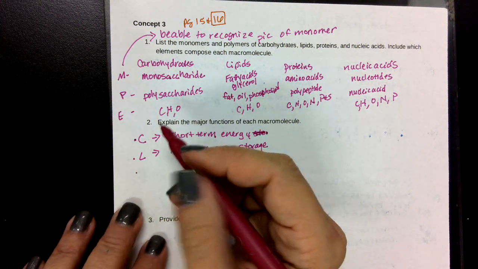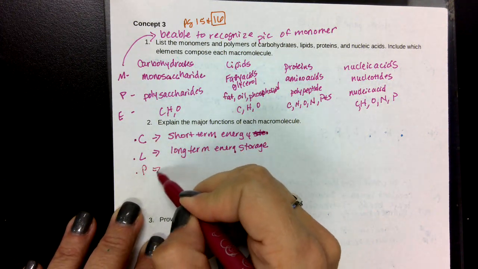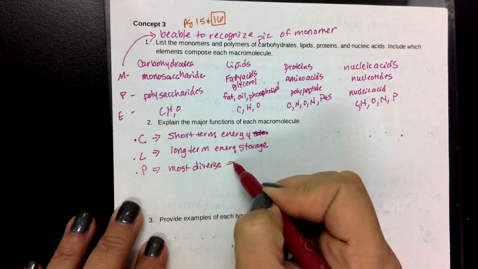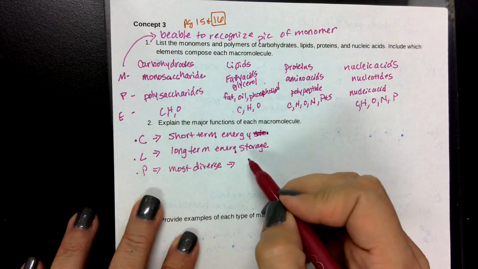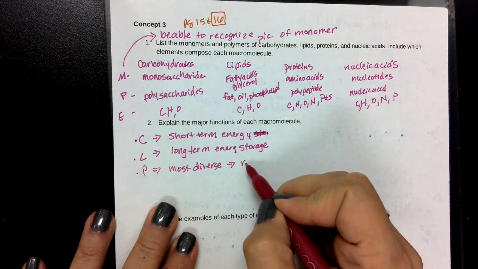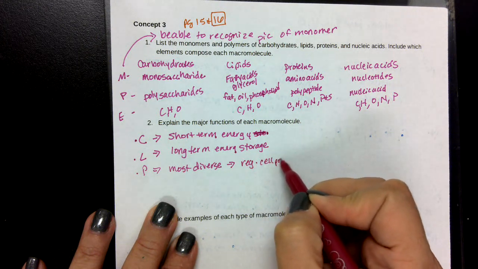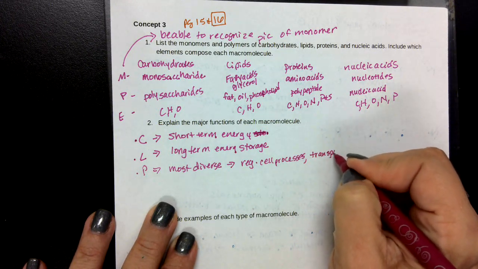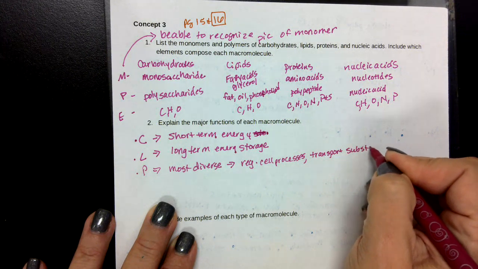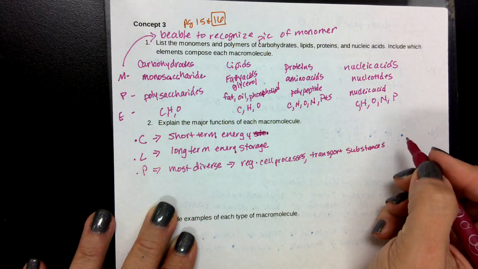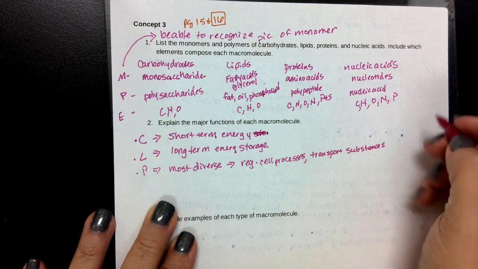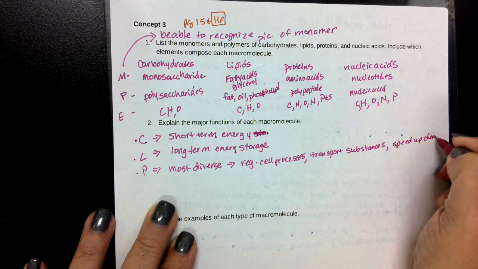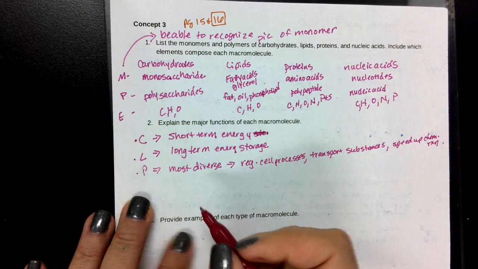Proteins, there are many. So proteins, I'm going to put most diverse because it has the most functions. So you could say regulate cell processes, transport substances, and speed up chemical reactions are just a few for proteins.